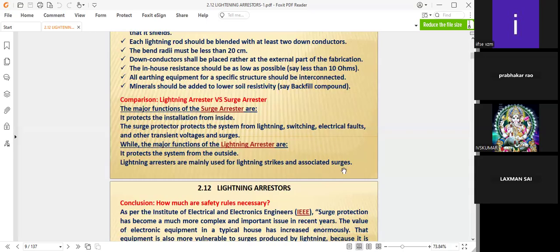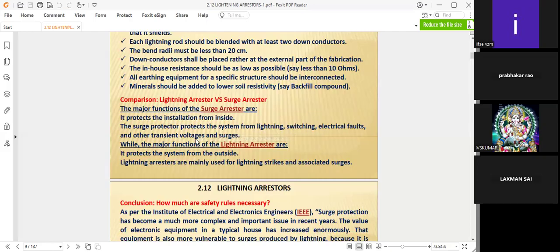A lightning strike is an atmospheric occurrence, whereas associated surges mean sudden voltage, leakage, or high current received from the substation into the building.